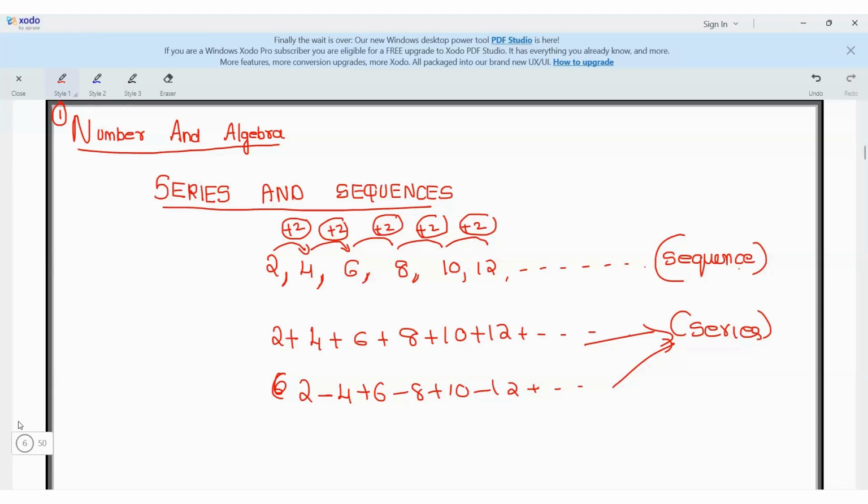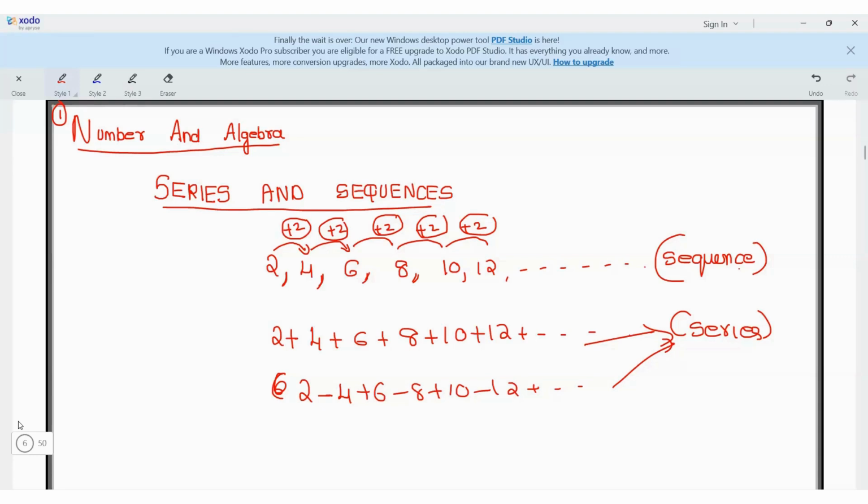If I am separating the terms by commas, I call it a sequence. Both of them are not two different aspects; we are talking about the same concept only. If they use the word sequence, it means the terms are separated by commas. If they use the word series, there should be an operator in between, and most probably the operator will be plus. We are going to deal with addition between two consecutive terms. So that is the difference between the two terminologies, sequence and series.